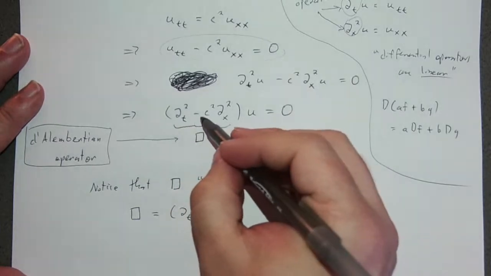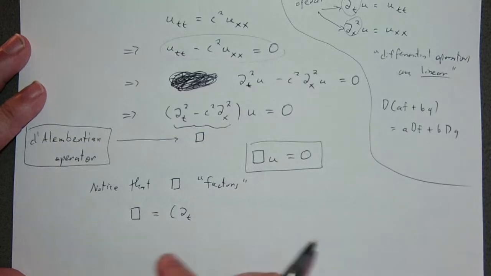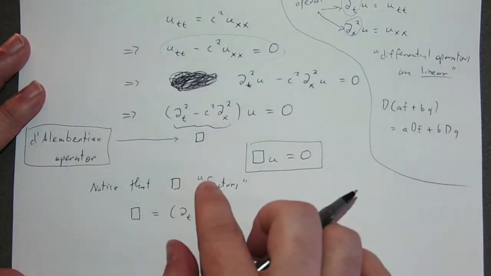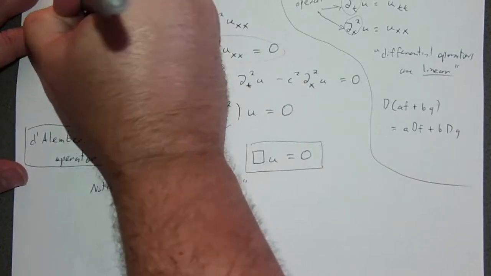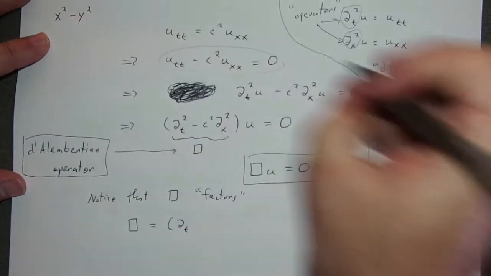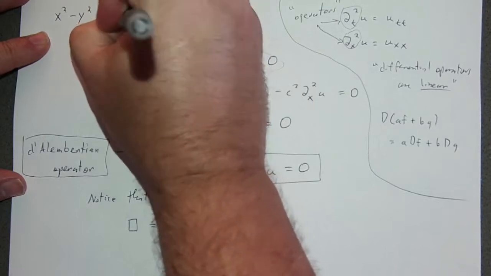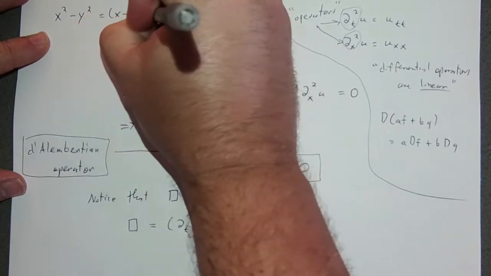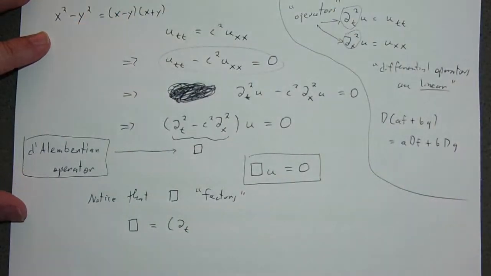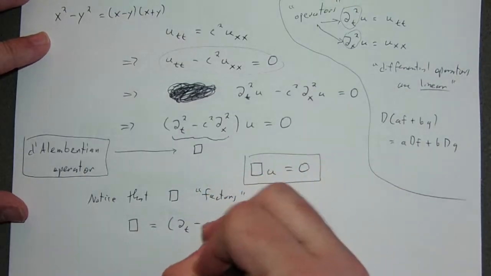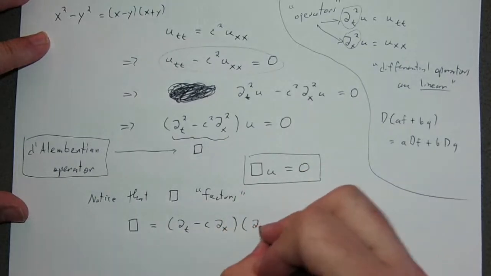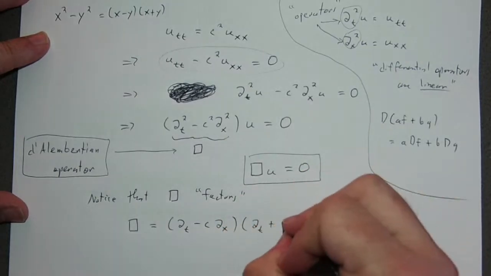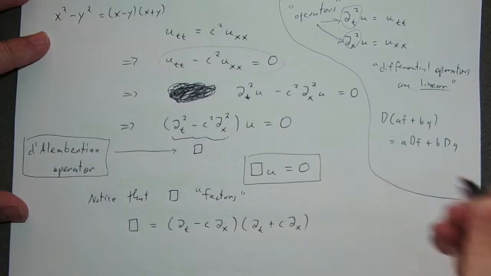How does difference of squares work? If I have x squared minus y squared, that's x minus y, x plus y. That's how difference of squares works. So this would be del sub t minus c del sub x times del sub t plus c del sub x.